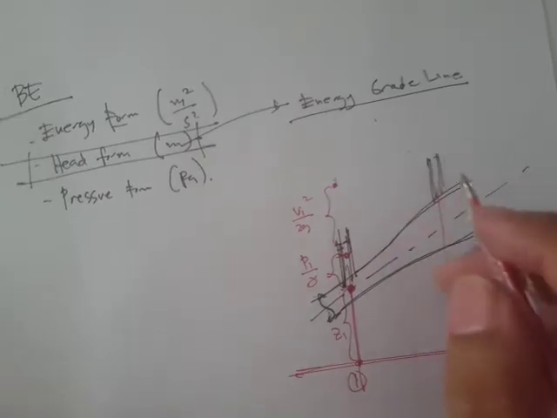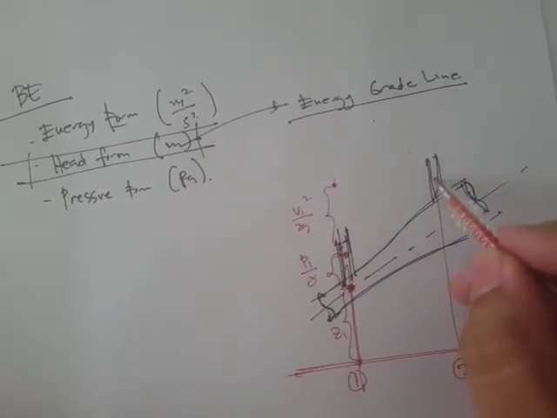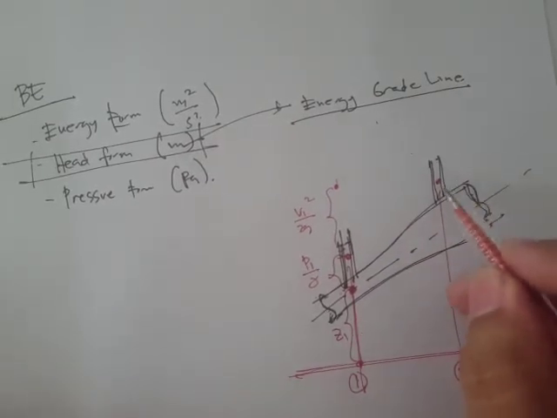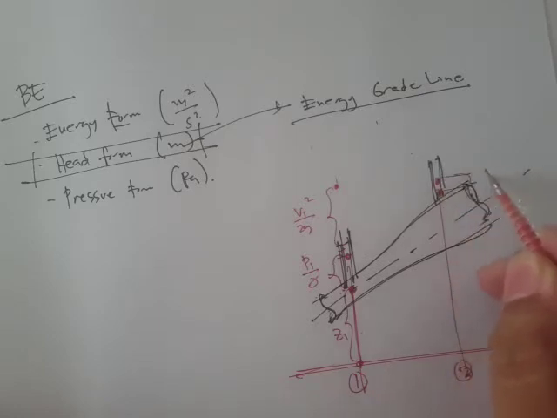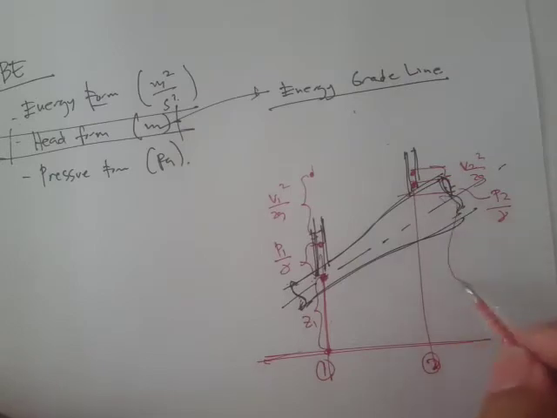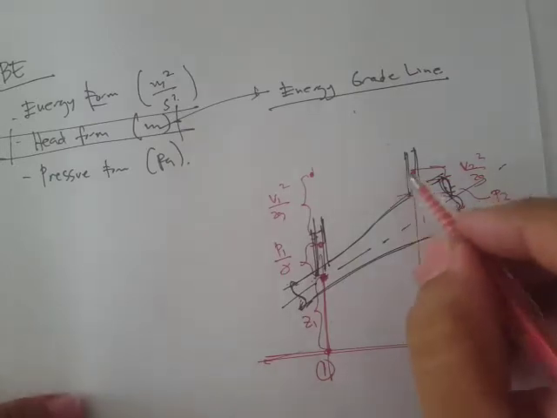So here we'll also have v2 squared all over 2g, and then the pressure head, that's p sub 2 all over the unit weight, and then let's say this is our elevation head.